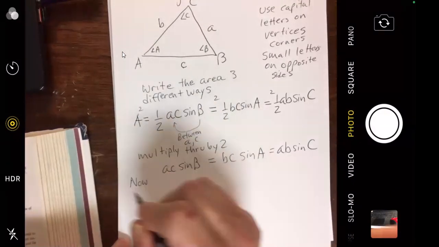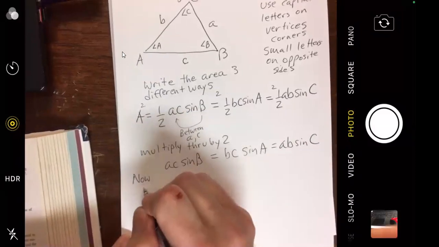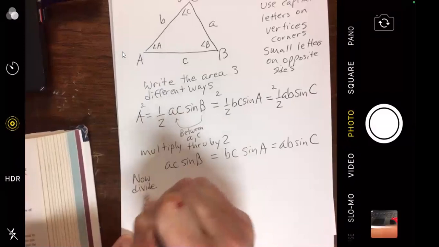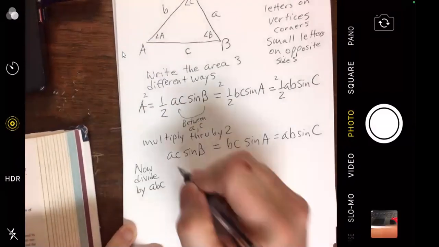I can divide by 10 million if I wanted. That's legal. It doesn't help you any, but it's legal. Divide by abc, the product of all 3 side lengths.